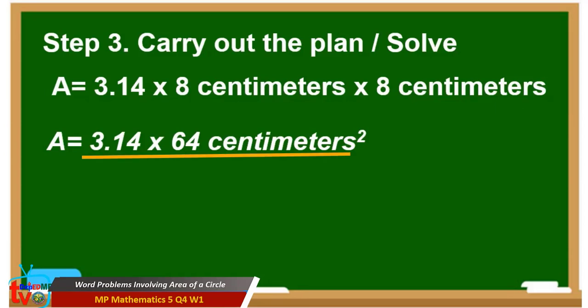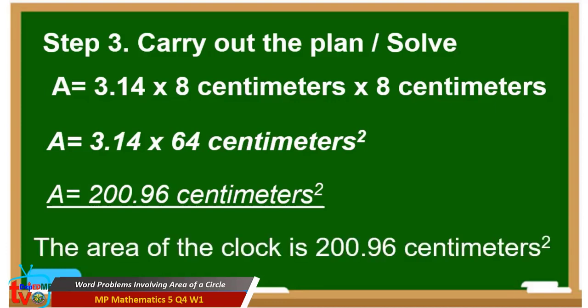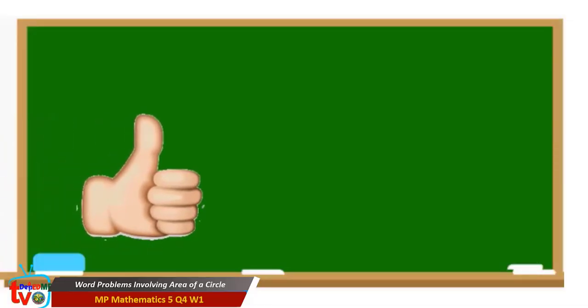If we multiply 3 and 14 hundredths times 64 square centimeters, the answer will be area equals 200 and 96 hundredths square centimeters. So the area of the clock is 200 and 96 hundredths square centimeters. We are done with activity 1.